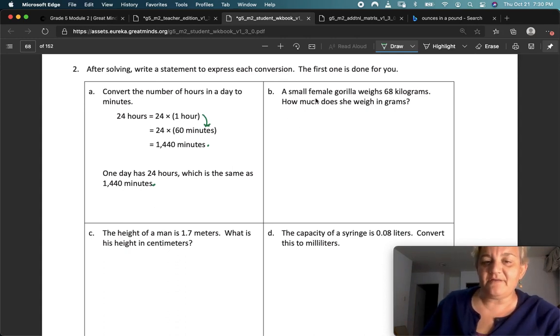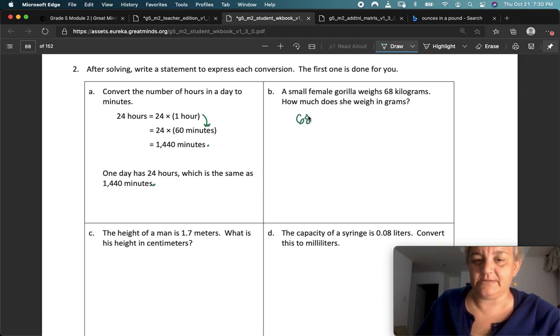Okay, a small female gorilla weighs 68 kilograms. All right, 68 kilos. Okay, how much does she weigh in grams? So we're going to convert 68 kilograms to grams, which means we're going to separate the number from the unit.